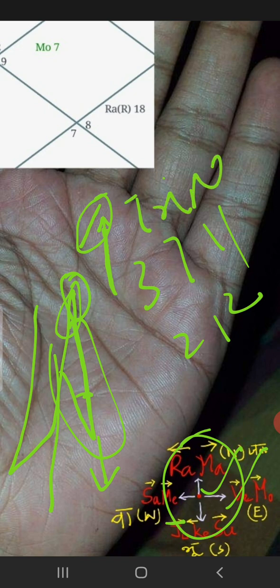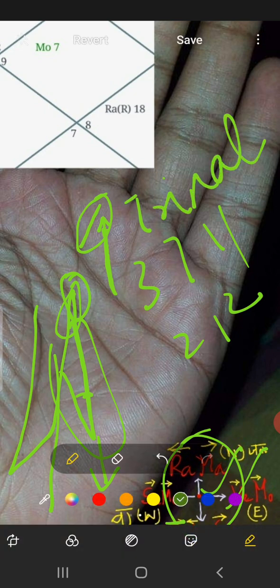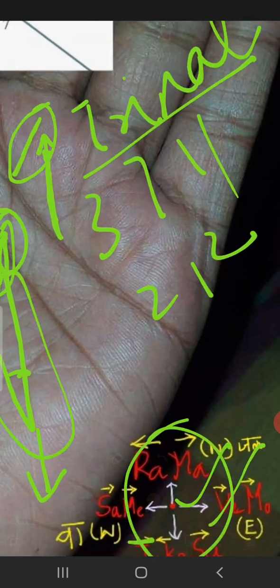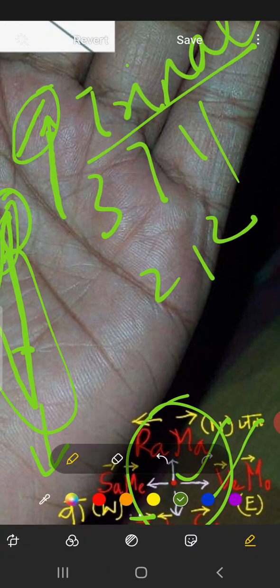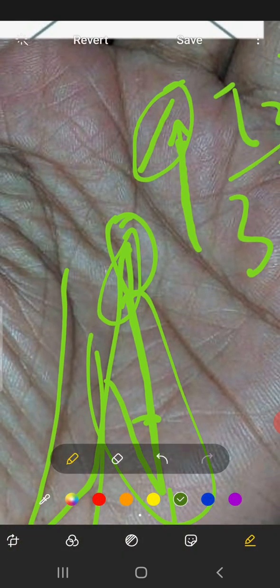Trinal, of course, we know that these are the most important relations. And Yuti, of course, Yuti is very important. But in this case, which one of these relations or sambandh are very strong can only be seen by using a palm chart or a palm, and analyzing every single line in the palm.